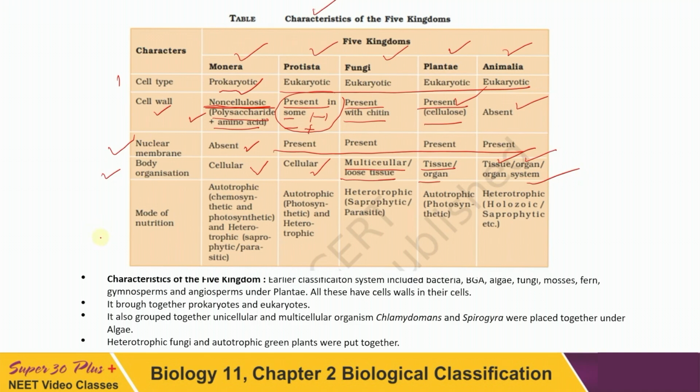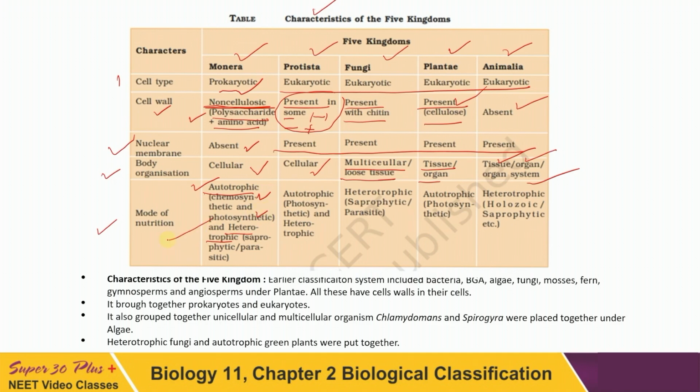Coming to the last characteristic, mode of nutrition. In case of Monera, all types of nutrition are present. They may be autotrophic, able to make their food, or heterotrophs, unable to make their food. Autotrophs may be chemotrophs or photosynthetic.